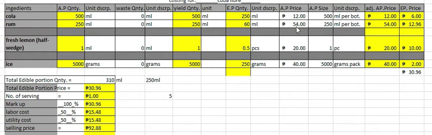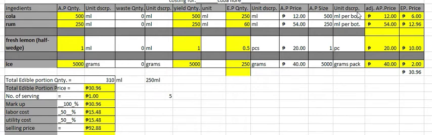Then the AP price, the as purchased size, and then the unit description. It is really important to indicate the description of your AP size when you purchase. For example, your AP size for your cola is 500 ml per bottle.